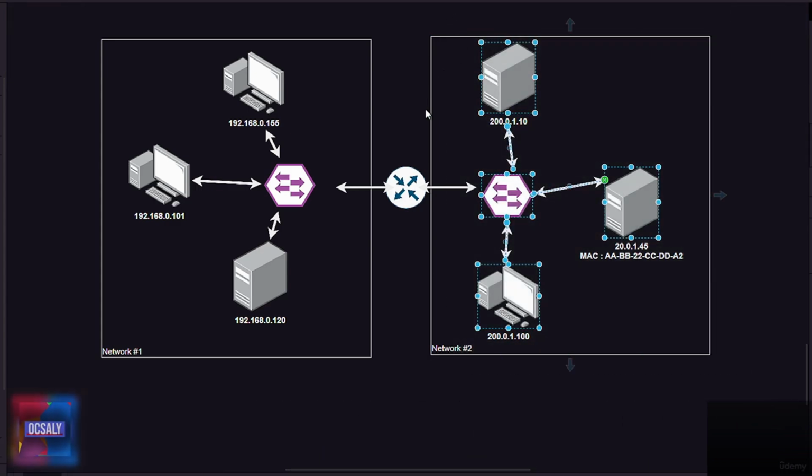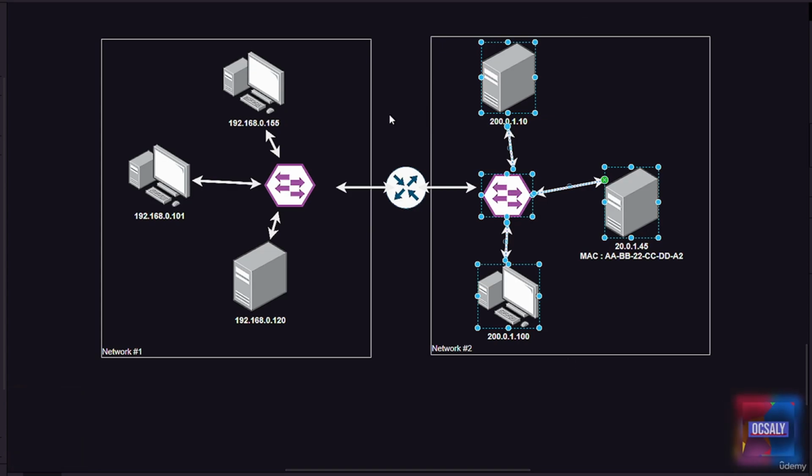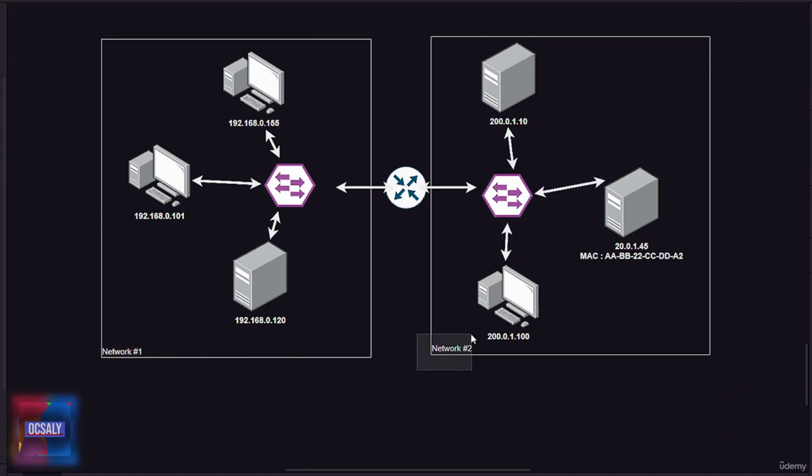In this lecture, I will explain how IP uses this model to send data from a node on network number 1 to network number 2.